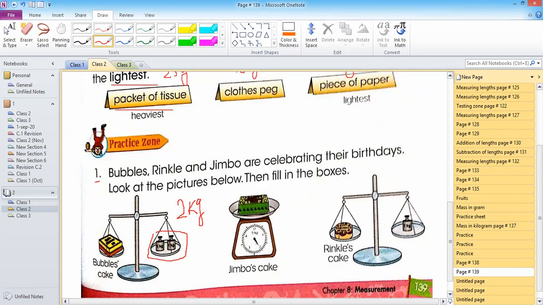Check the needle, at which number the needle is pointed, and tell me what is the mass of Jimbo's cake. Yes, guys. 2 kilogram.